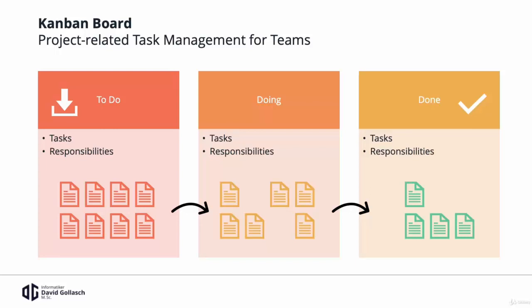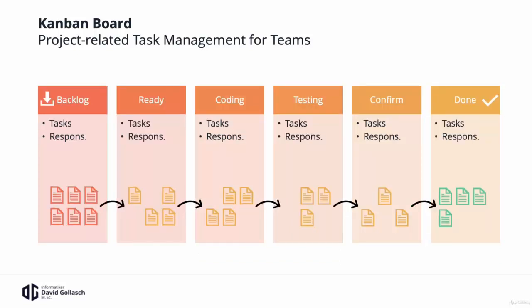So I guess now you see what I meant, as it's so easy to apply when you only have those 3 states. But of course, you can as well add multiple additional columns that represent different states of your task that you're fulfilling during the project. So take a look at this.